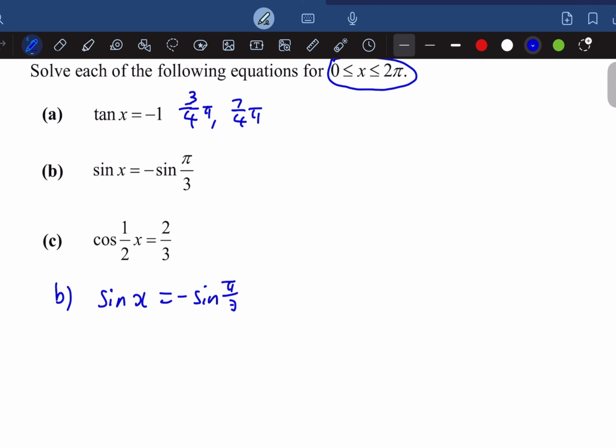Take note, sine pi over 3 is our 60 degrees. So this is a clear indication I don't need to use a calculator, because it's 30, 45 or 60. So good. Then the next thing is that the angle that the hypo is rotated is x, and this x is the same as the range in the question. So we also don't need to change into a new range. These are things we have to check before we can proceed safely.